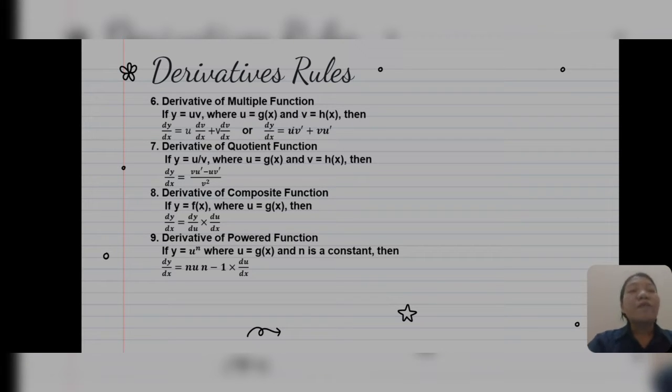Here if the function is u to the power of n, where u equals g(x) and n is a constant, then the formula of this derivative is delta y per delta x equals n times u to the power of n minus 1 times delta u per delta x.